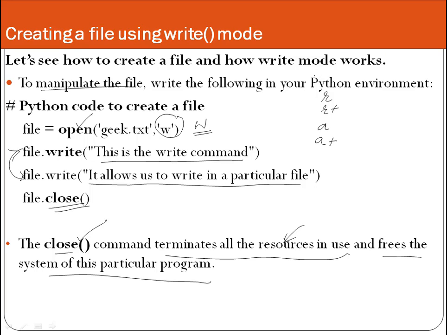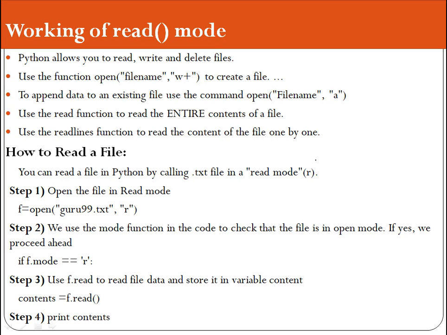So now in this way we have learned about write mode as well. Python allows you to read, write or delete files. So we are using the function open file, so W plus.